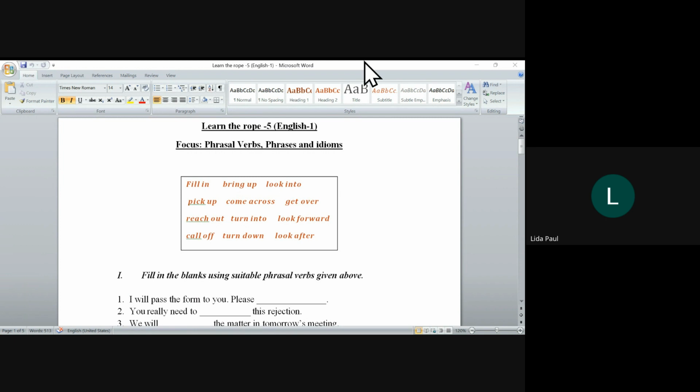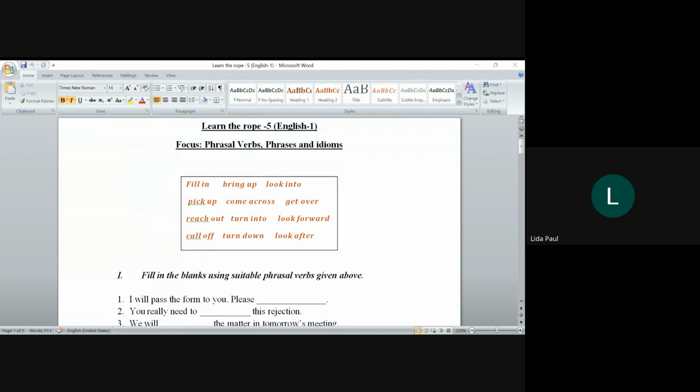That is the meaning. Now, where did you get this meaning from? Does the word call have anything to do with cancel? No. Does the word off have anything to do with the meaning cancel? No, ma'am. So neither the word call nor the word off is contributing towards the meaning of the phrasal verb.